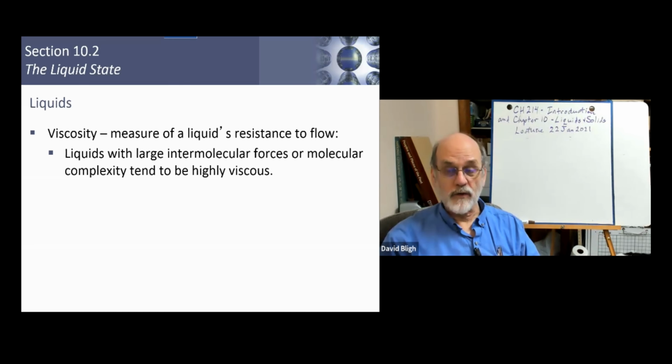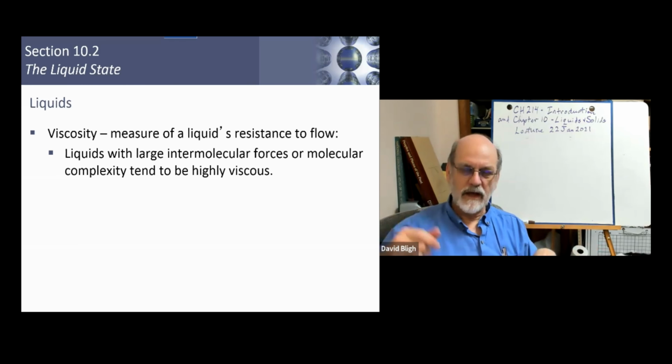Other liquids don't flow as easily, like solutions of sugar and water. Honey, for instance, has a very, very high concentration of invert sugar in water. They're very viscous. They resist flowing. So you can test that one way or another.